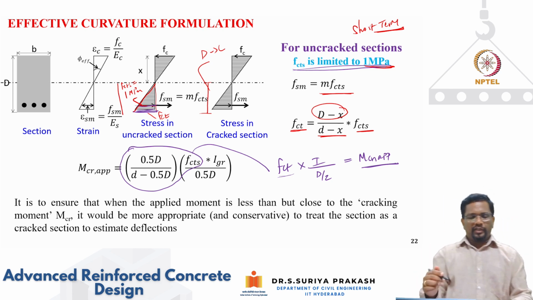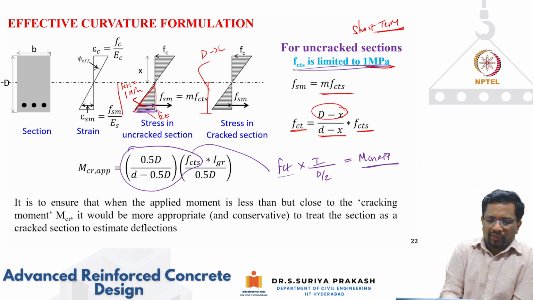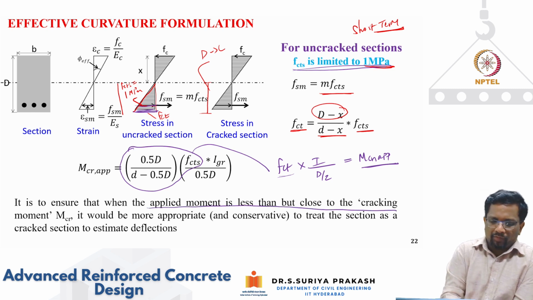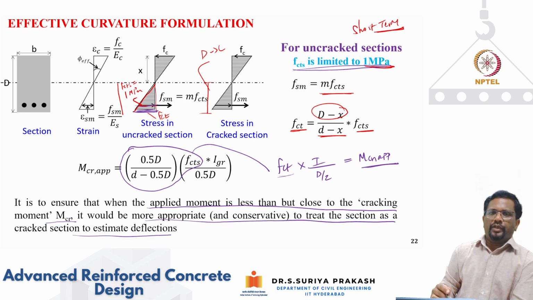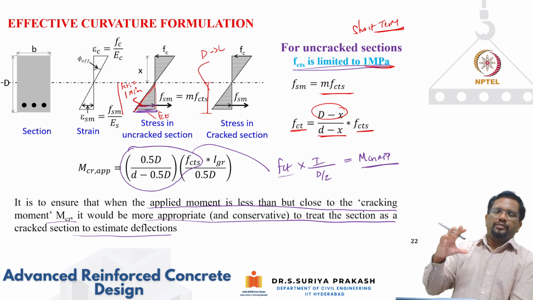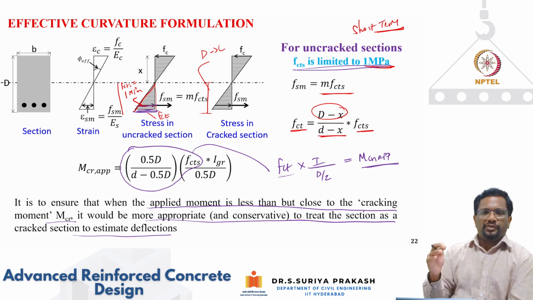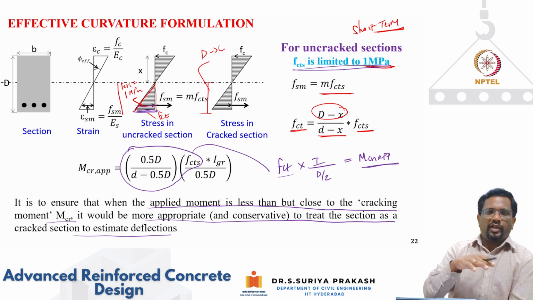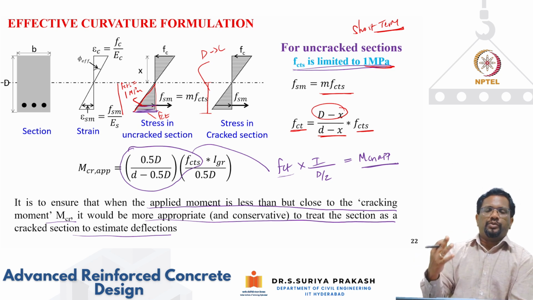Okay, so why are we doing that? It is to ensure that when the applied moment is less than but close to the cracking moment, it would be more appropriate to treat the section as a cracked section to estimate deflections. So what the code is saying is, anyway you will have temperature and shrinkage issues, and you may also have prior heavier loading, so why take a chance?